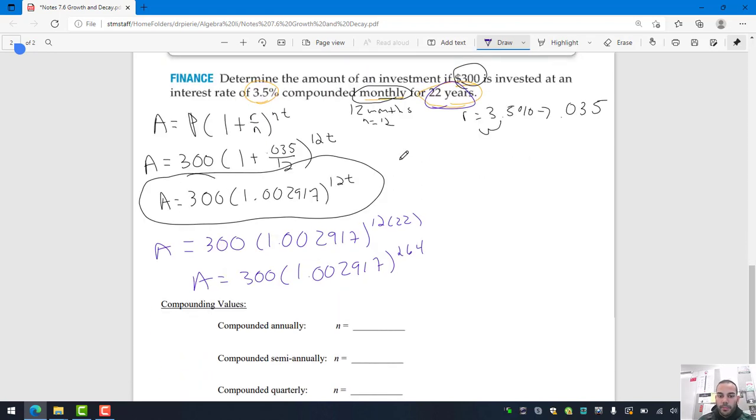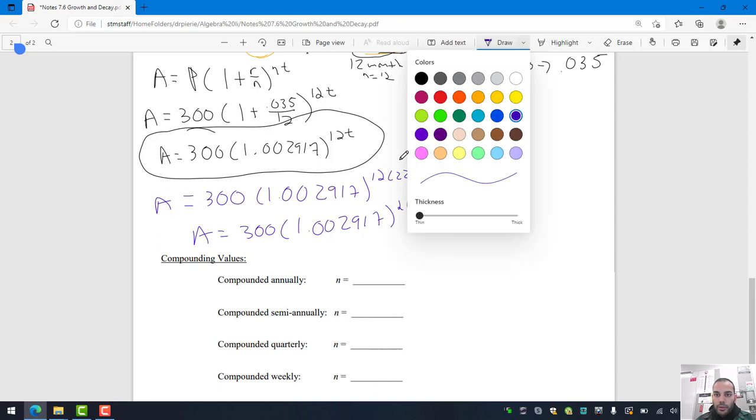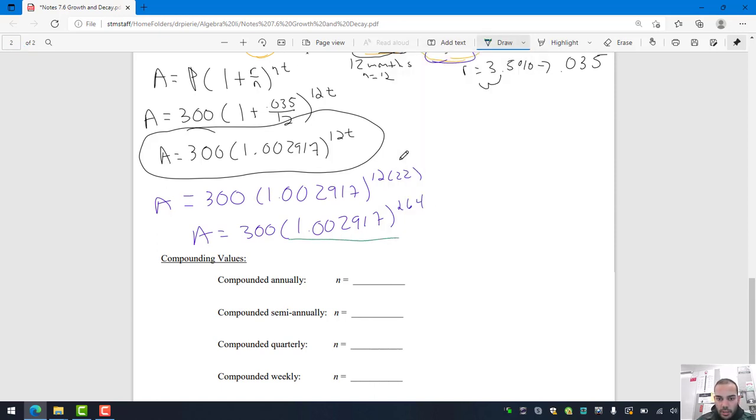I know the numbers are ugly, but the process is still the same. Use that graphing calculator. Use your order of operations. The next thing you have to do is take this number and raise it to the 264th power. Once again, it should become really nasty. A is equal to, still going to have a 300. And once you take this number and raise it to the 264th, I got something like 2.15753638.